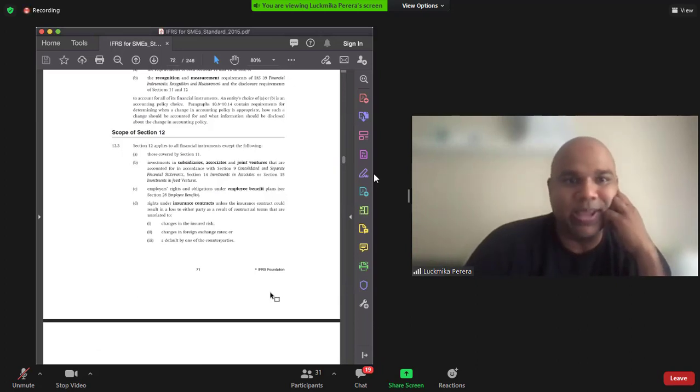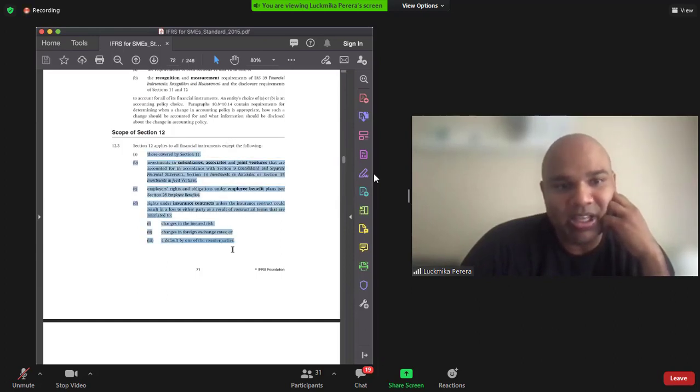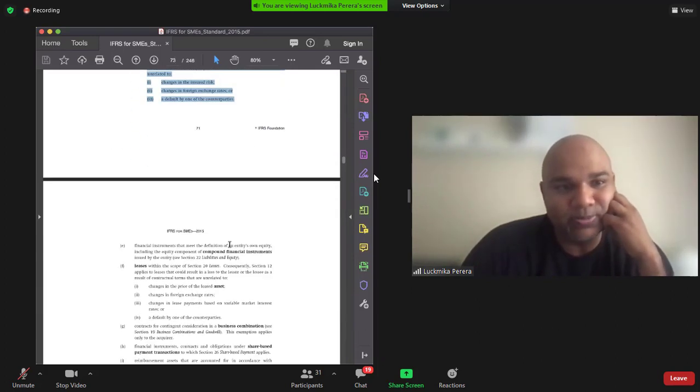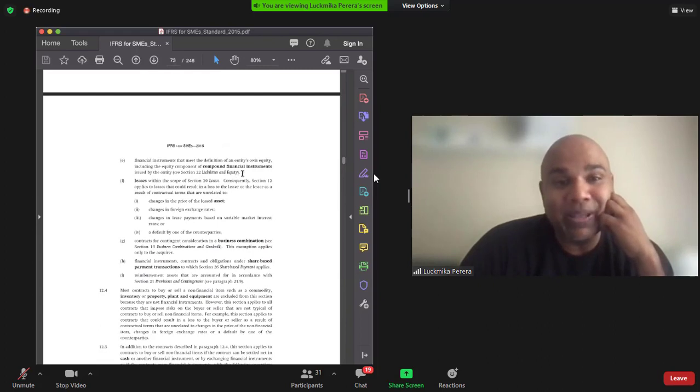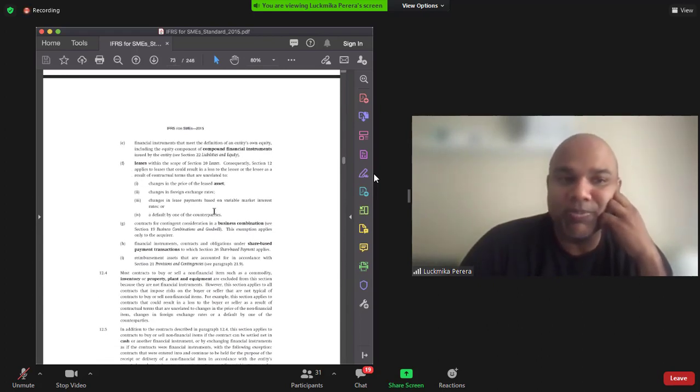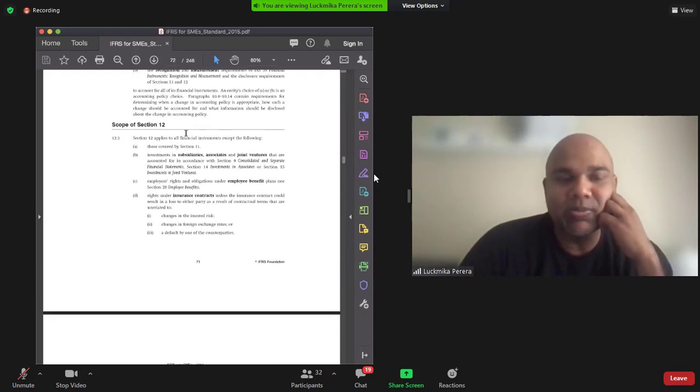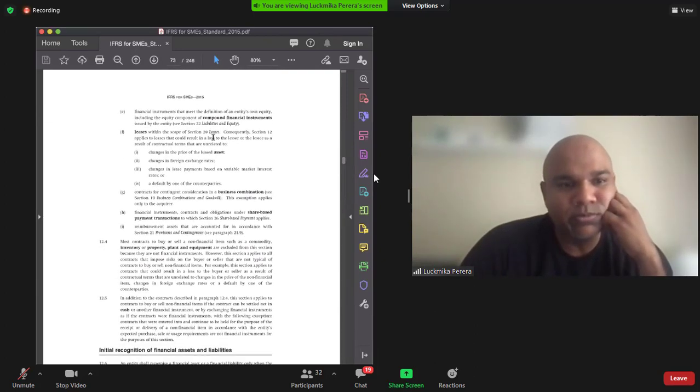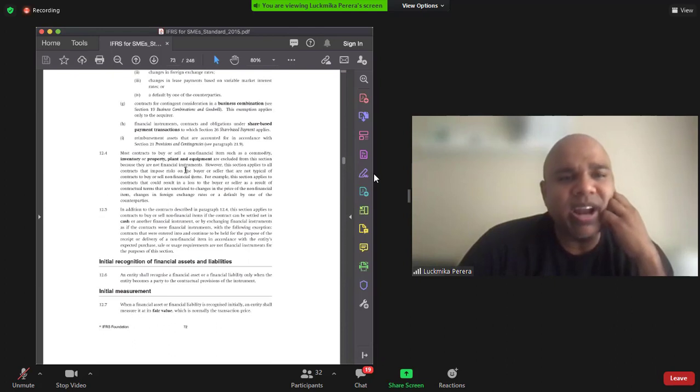financial instruments. Okay. So Section 12 applies to financial instruments that are not covered here, which are covered under Section 11. Financial instruments that meet the definition of entities' own equity are excluded. So these are the exclusions from what we talked about under Section 12. Most contracts to buy or sell a non-financial item such as commodity, inventory, or property, plant, and equipment are excluded from this section as well.